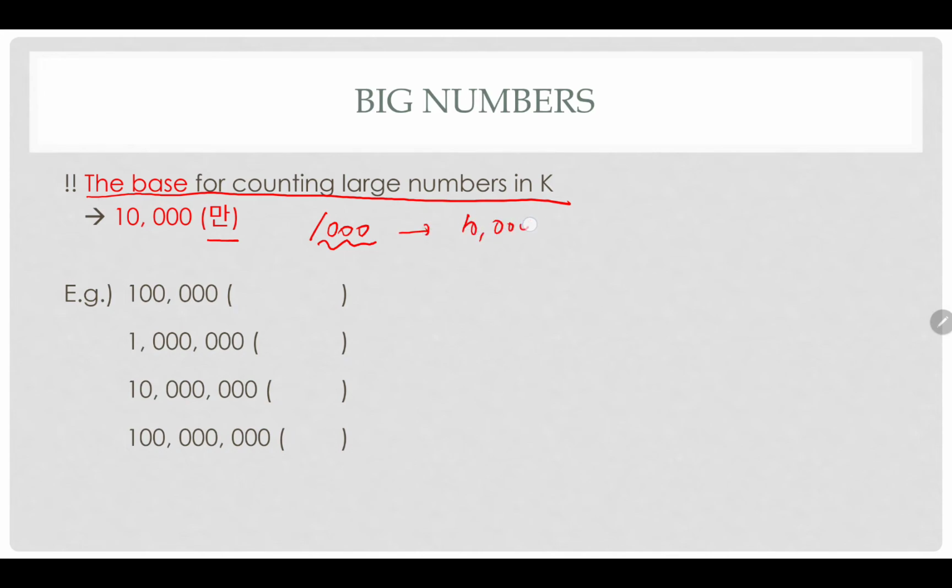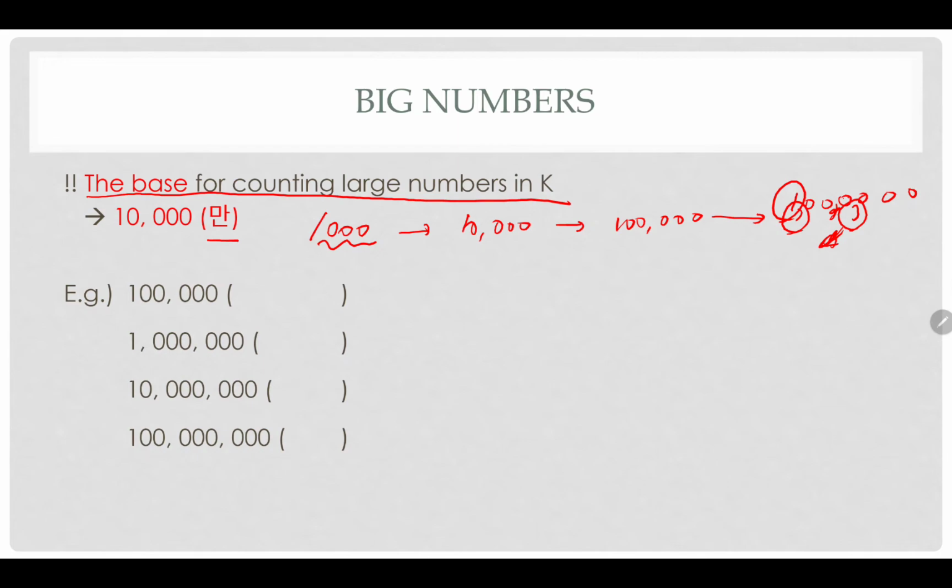Then 10,000, 100,000, and when you go from here to 10 times more, it becomes 1 million, right?